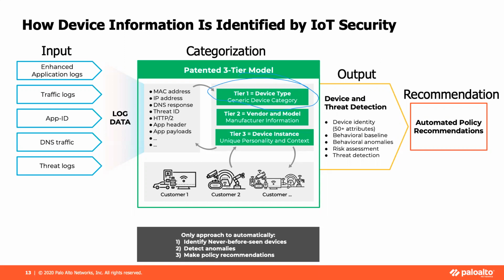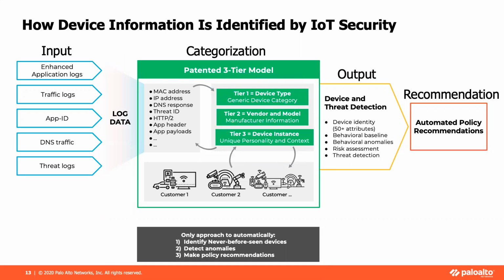What is this? And understand the vendor and the model. Not only is this a security camera, it's from security camera company A, and it's model XYZ, and we can understand the individual devices, the different instances that are there.